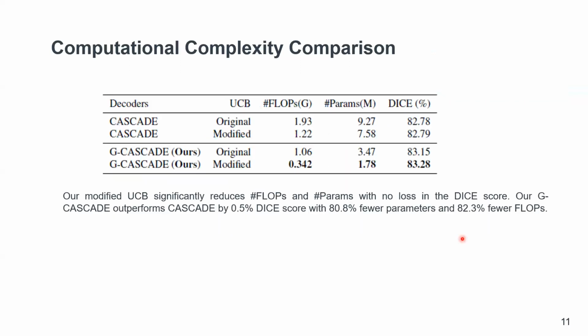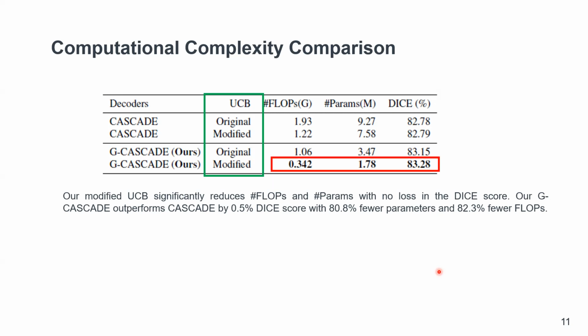This is the computational complexity comparison with CASCADE, one of the competitive methods. When we compare with CASCADE, we first compare our efficient UCB block. Our efficient UCB block is less expensive than the original UCB, and it still gets a better DICE score than the original UCB.